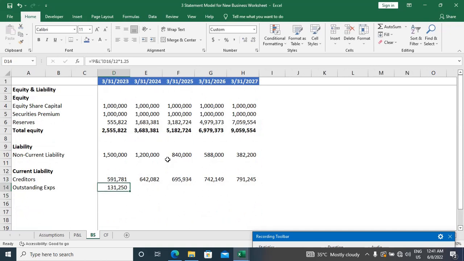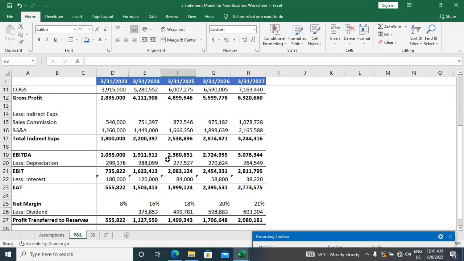So this is your outstanding expenses. Outstanding expenses, you can link it now to outstanding expenses. How did I do it?